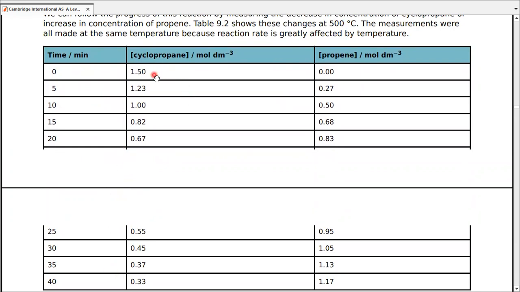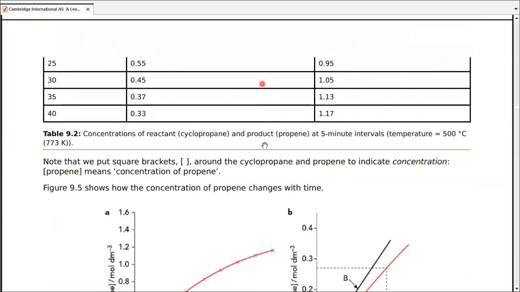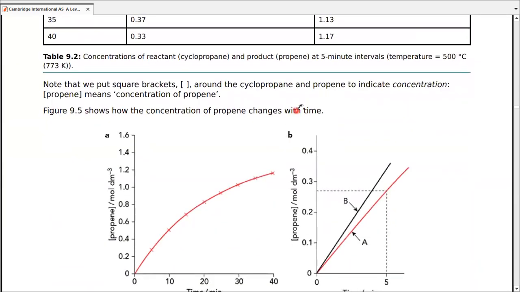Cyclopropane concentration, as you can see, starts from 1.5 moles per decimeter cube and decreases all the way through. On the other hand, propene at the start is of course zero since we haven't produced any product, and as we proceed, its concentration is going to increase. Concentrations have been considered at 500 degrees centigrade.